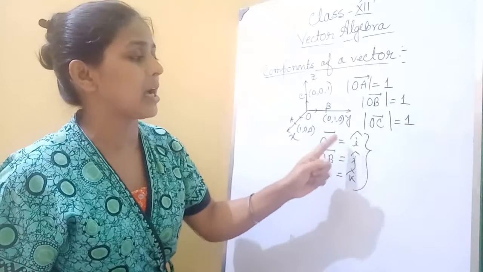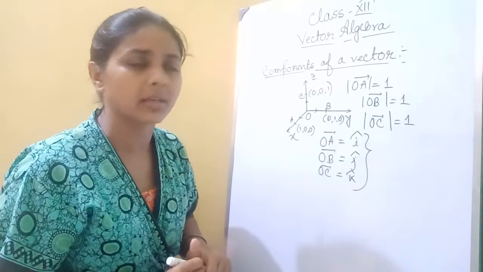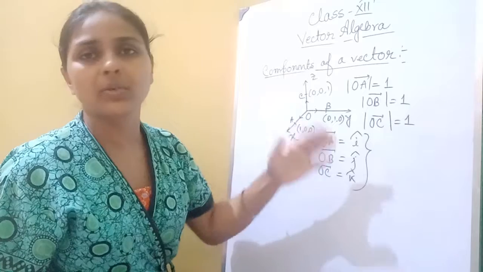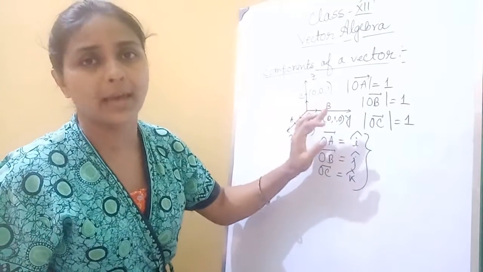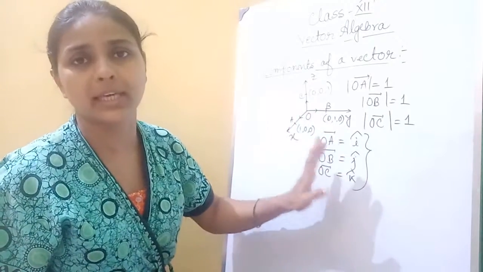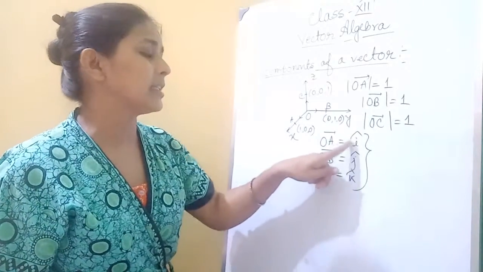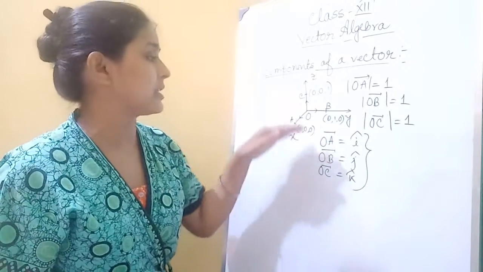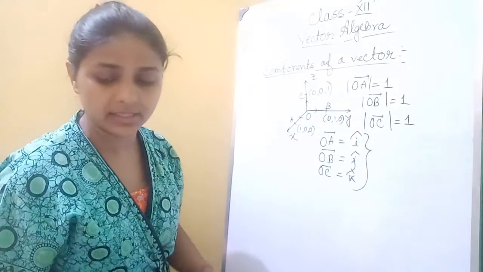Somebody can write i vector, j vector, k vector, it doesn't matter, same thing. Especially for unit vectors, we use a different symbol, that is cap. That's why i cap, j cap and k cap. Now these are the three unit vectors along the x-axis, y-axis and z-axis.